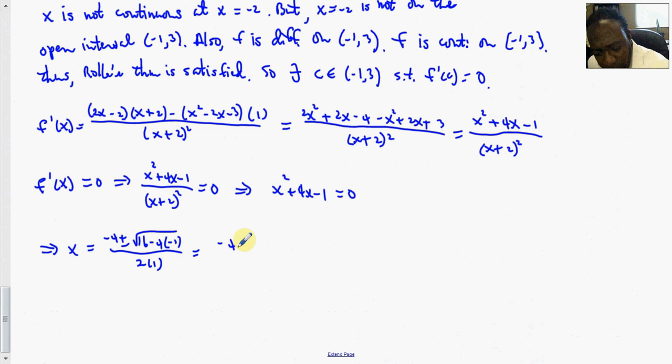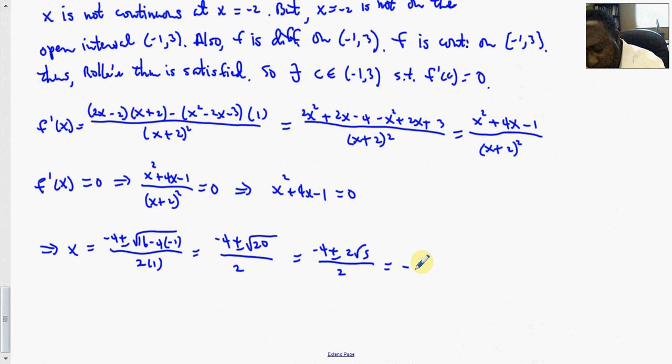So we get negative 4 plus or minus the square root of 16 plus 4, that's 20, all over 2. So we get negative 4 plus or minus 2 times the square root of 5, all over 2. That gives us negative 2 plus or minus the square root of 5.